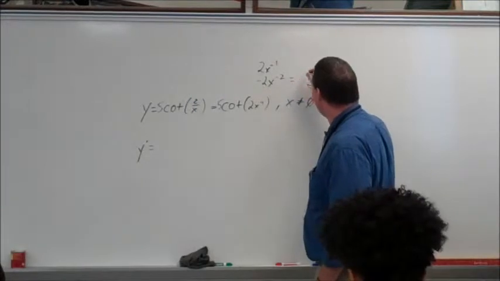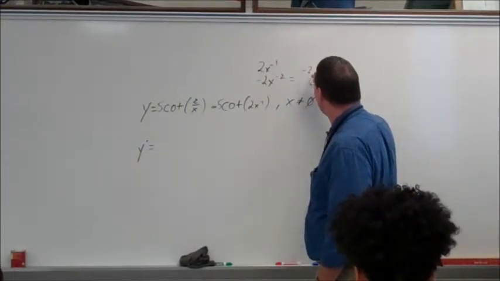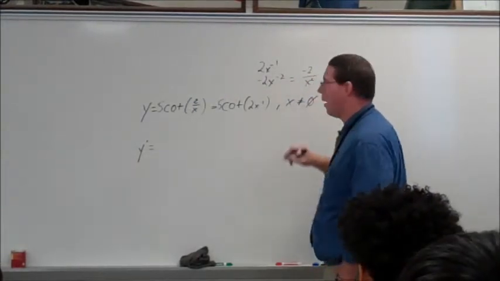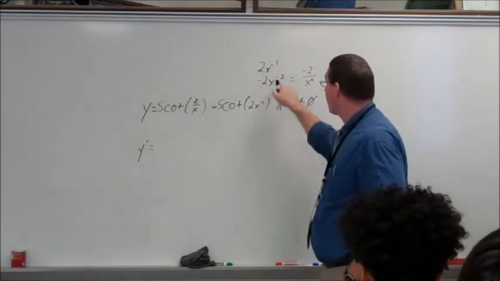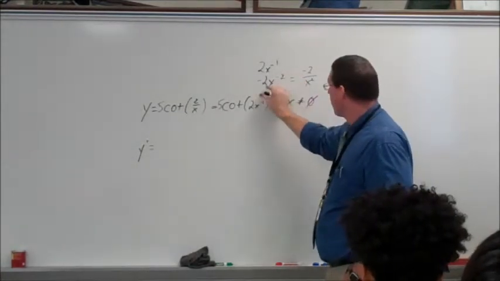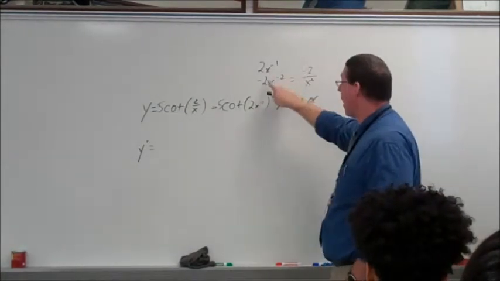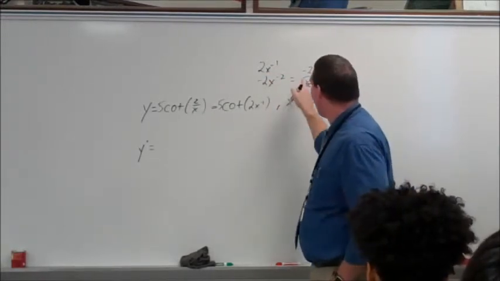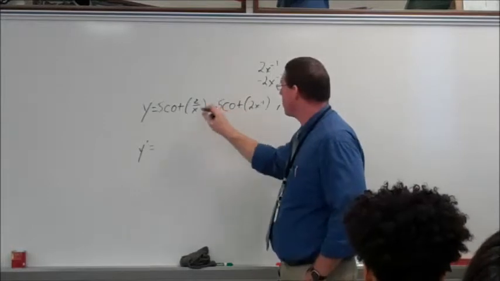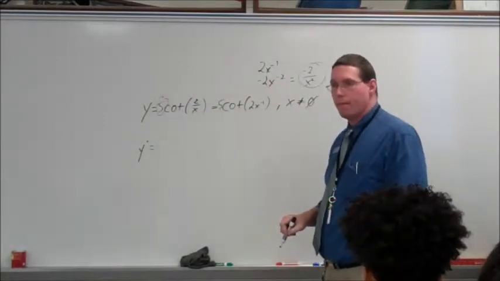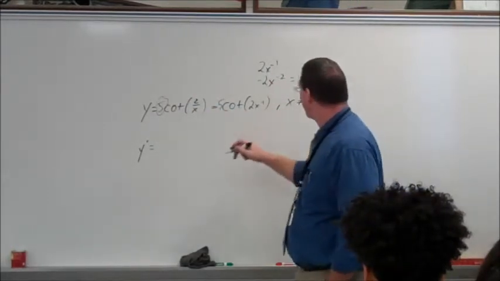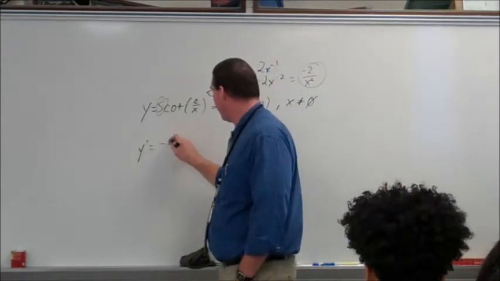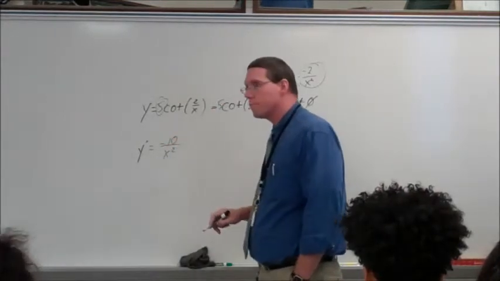Which is the equivalent of negative 2 over x squared. Negative exponent goes to the bottom. Negative 2 does not have a negative exponent, so it stays in the top. So negative 2 over x squared, and if we now multiply that times the 5, 5 times negative 2 over x squared is negative 10 over x squared.